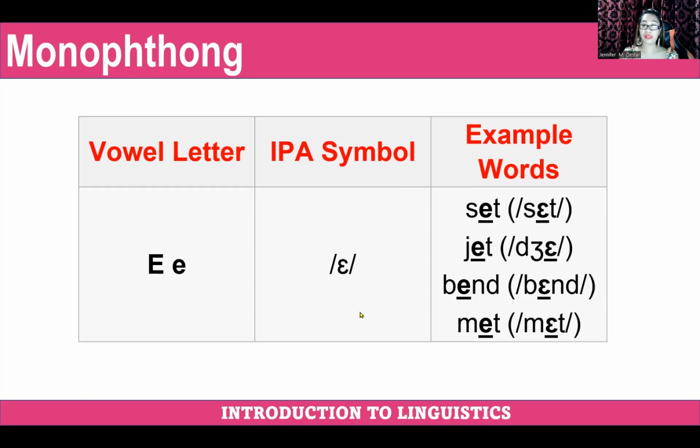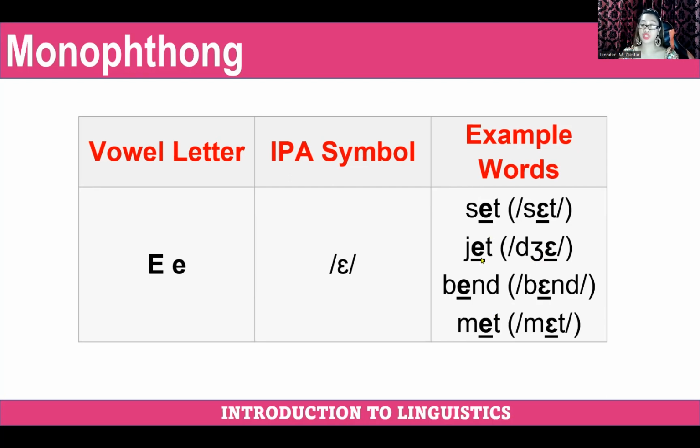Another example is the E sound, as in soft E. Example words: set, jet, bend, and met. Going back with our use or classifying of consonant, DZ is pronounced as j.